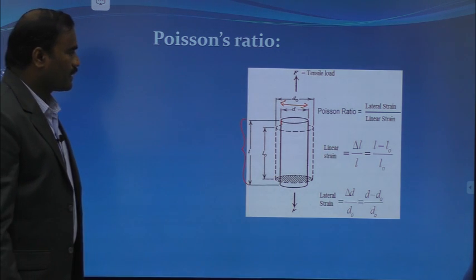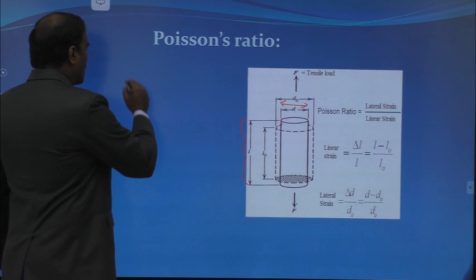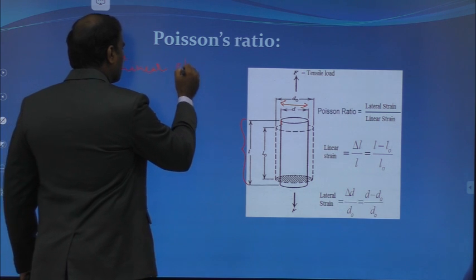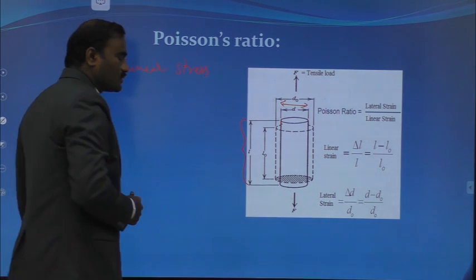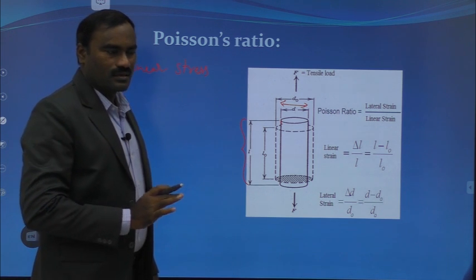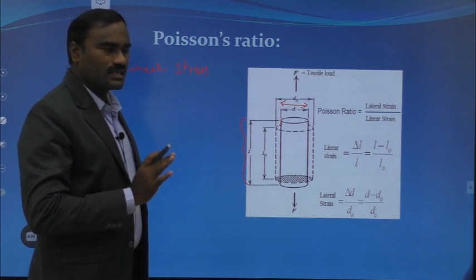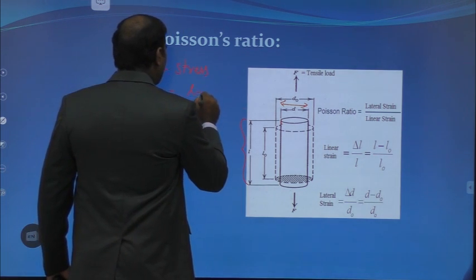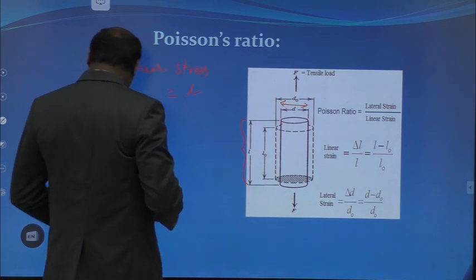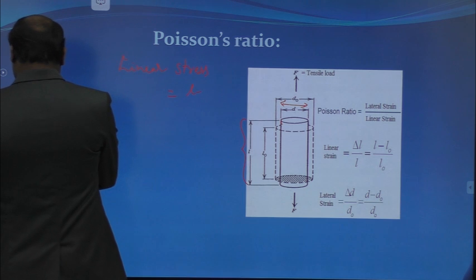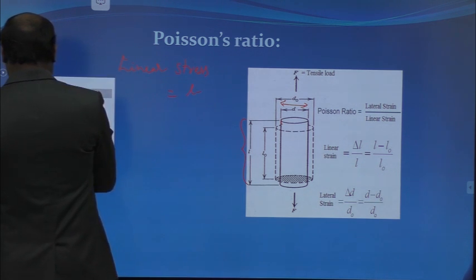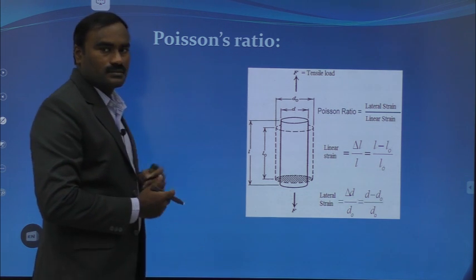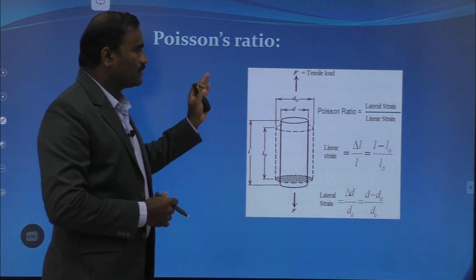So we have a stress along the axis, that is called linear stress. Up to now, what we have seen is linear stress. Now let us see about the Poisson ratio.